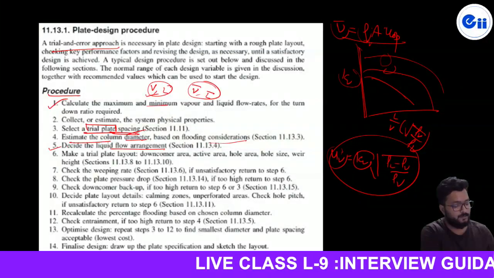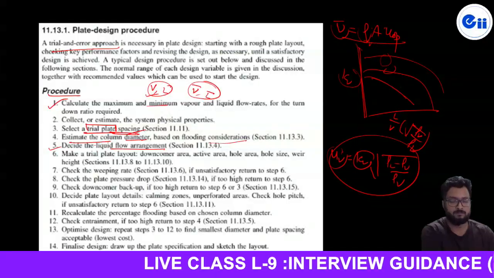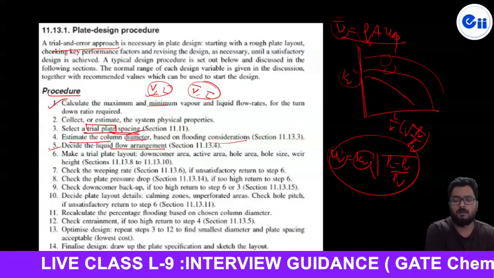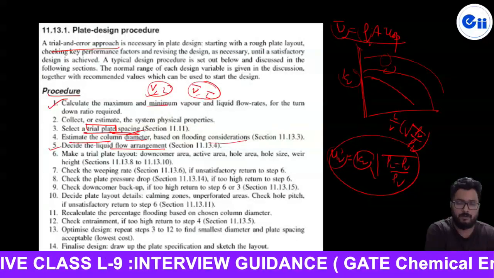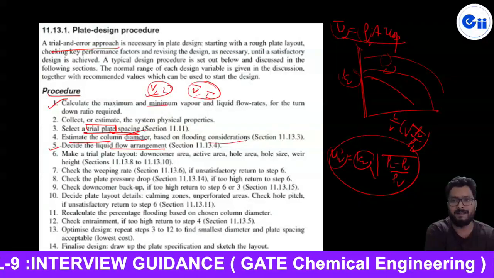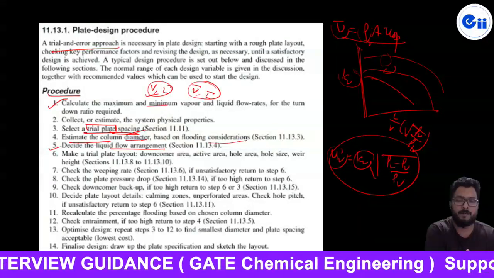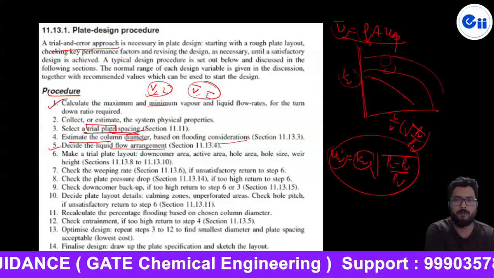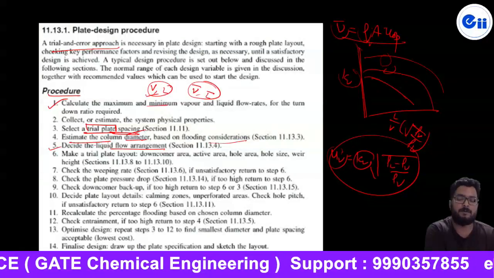If you want to find out the liquid flow arrangement, I will show you in the next slides that what types of arrangement of the liquid over the tray deck should be will depend upon the liquid flow rate and the diameter of the column. So there are basically three types of pattern.